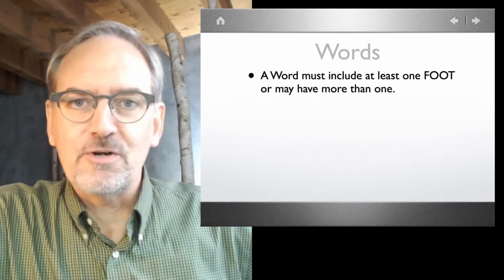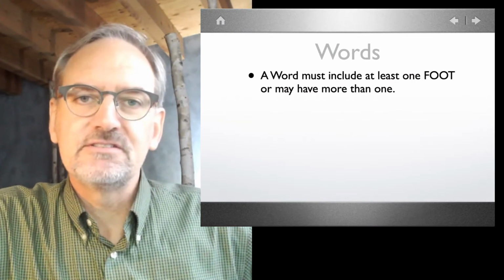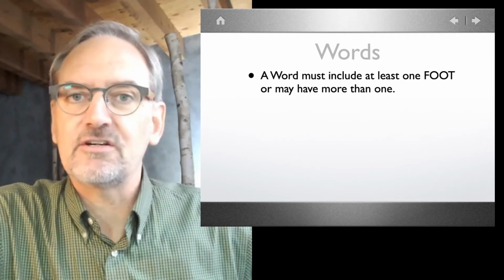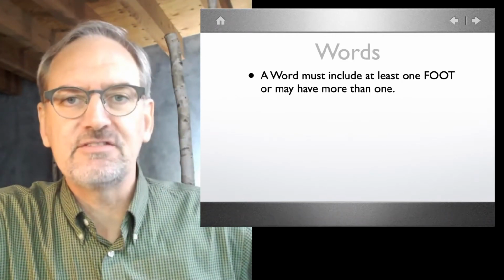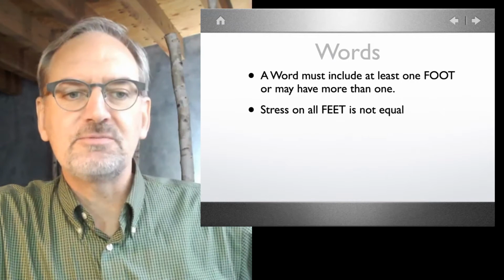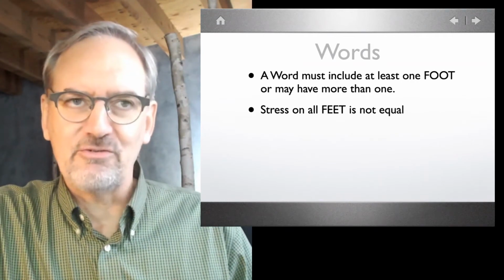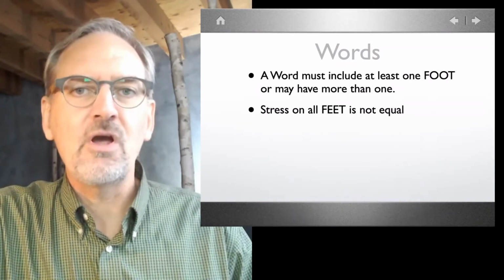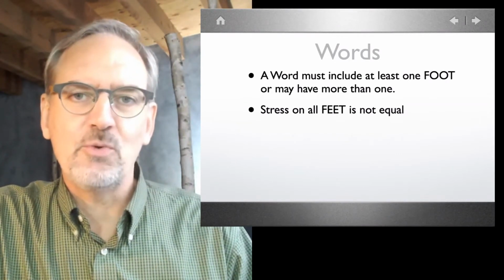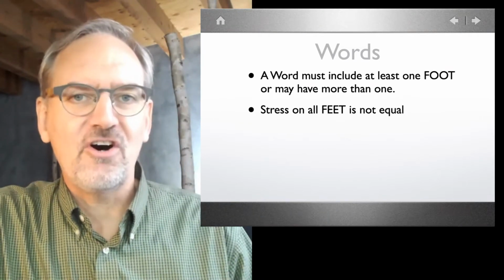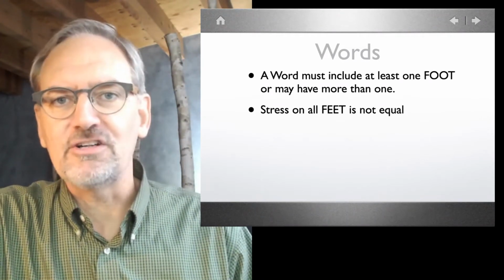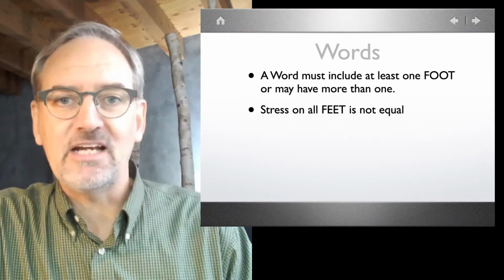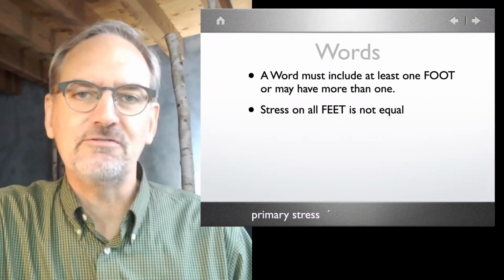Now, although a word must have at least 1 foot, a word may have more than 1 foot. And this was another source of confusion. I received some questions this week, so let's make sure that we look at some examples of words with more than 1 foot. When a word has more than 1 foot, they are not all equal. We saw earlier with digest and digest, one of them can be a strong foot and one of them can be a weak foot.